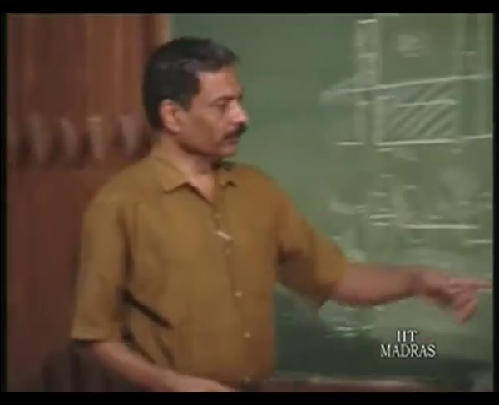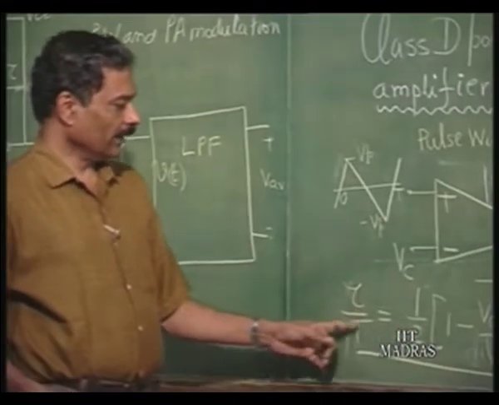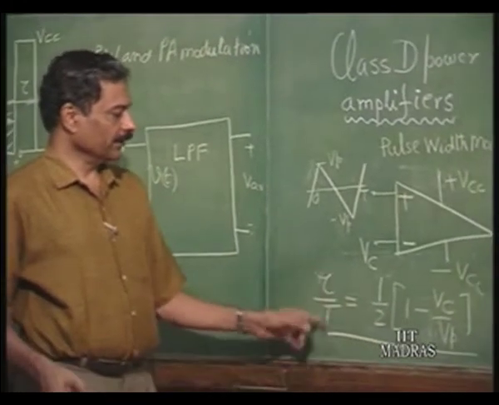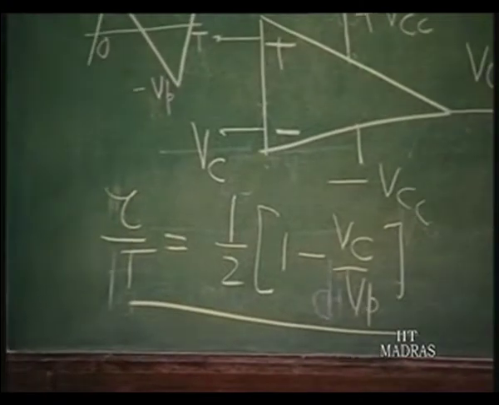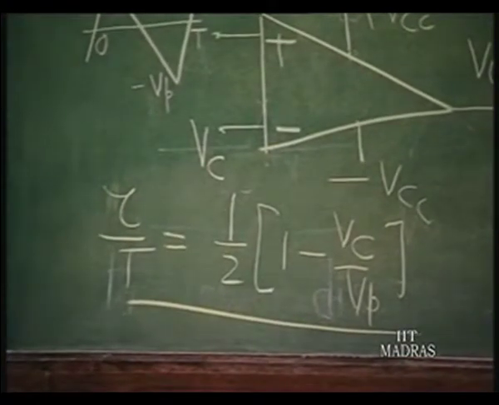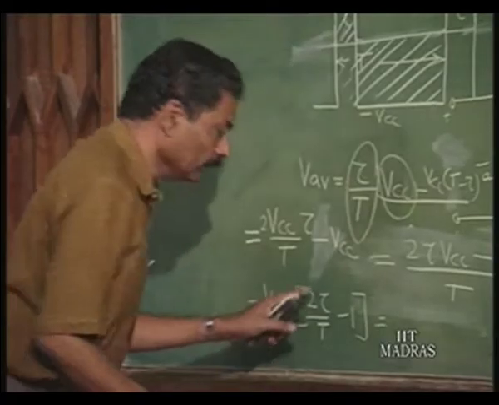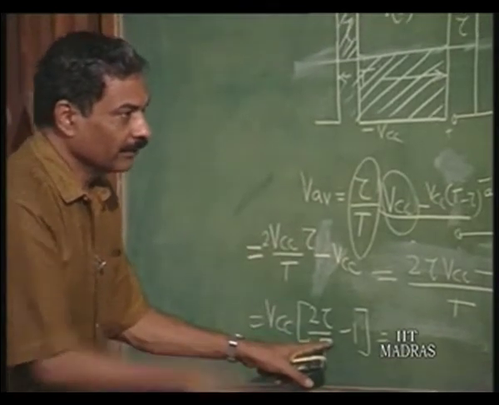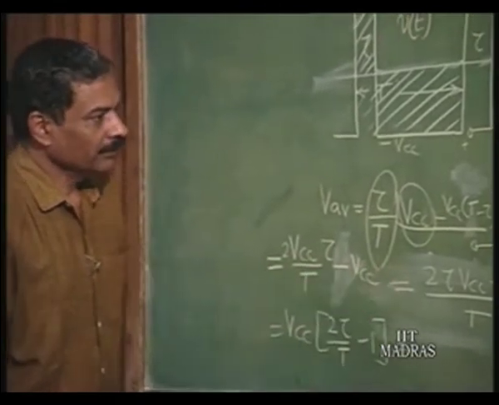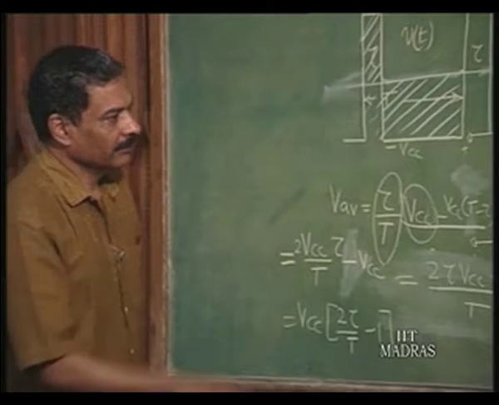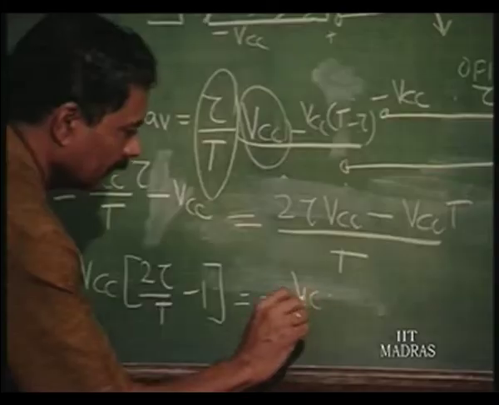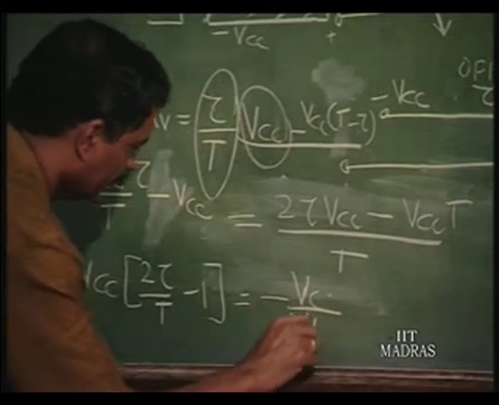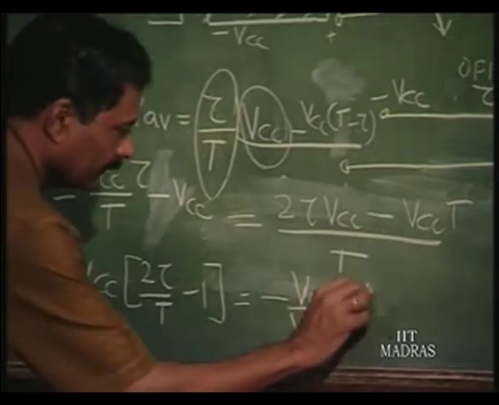Now, 2 tau by T is nothing but 1 minus Vc by Vp. So, we will substitute that: 2 tau by T minus 1 is nothing but minus Vc by Vp, into Vcc.